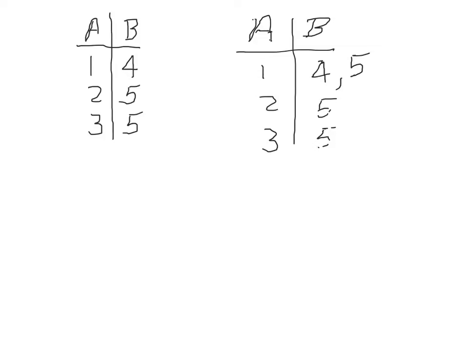Okay, similarly, I could show it graphically. Let's say we had a graph, and we've got a y-axis and an x-axis. And let's say we had a point here, a point here, and a point here.